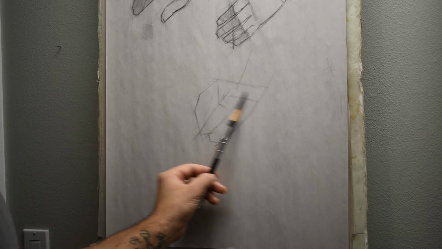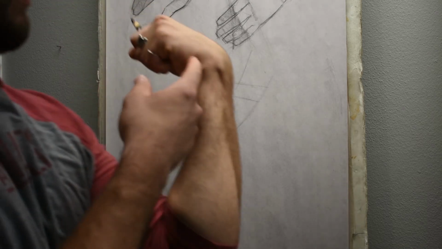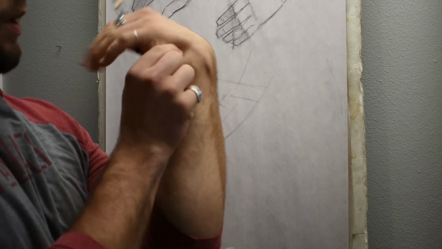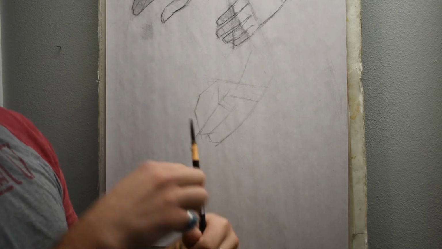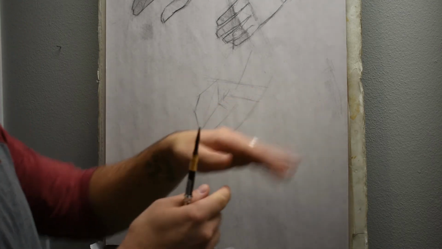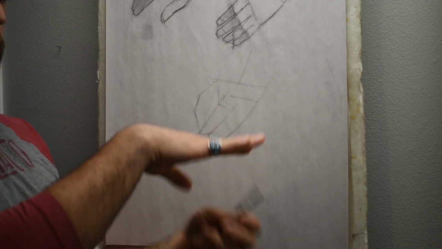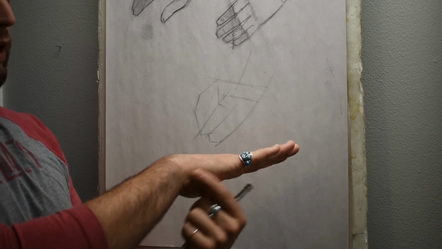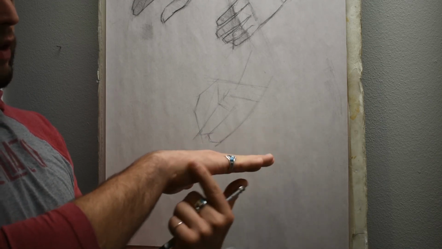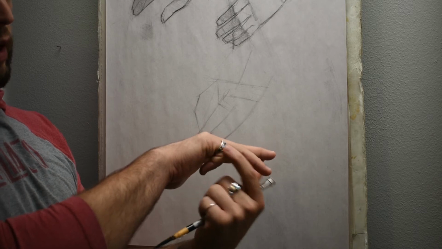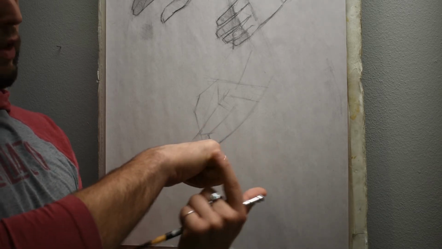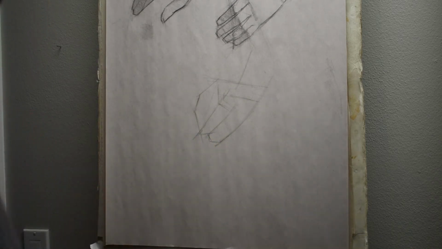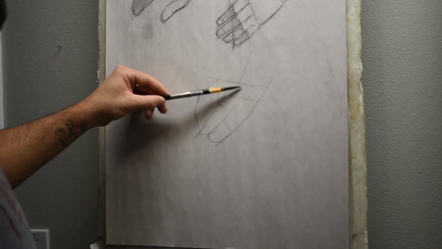This side plane here kind of shows you this fat pad here. Maybe this is easier. So I'm trying to express this side plane here, and it comes all the way, you know, it wraps into the side plane of the pinky as it's curling in. So that's this.